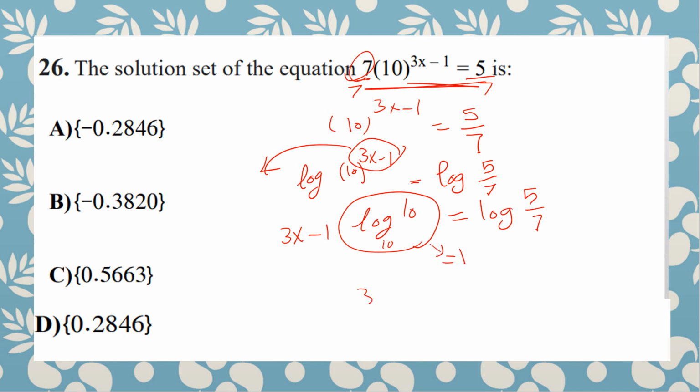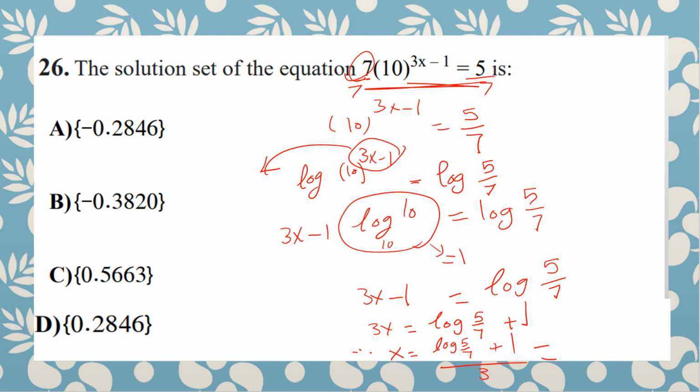So 3x minus 1 equals log of 5 over 7. So 3x equals log of 5 over 7 plus 1. And x then equals (log of 5 over 7 plus 1) all over 3, and this equals 0.2846. And the correct answer is D.